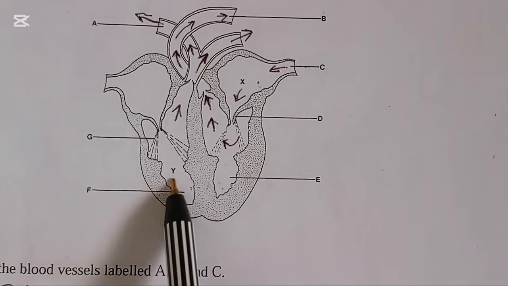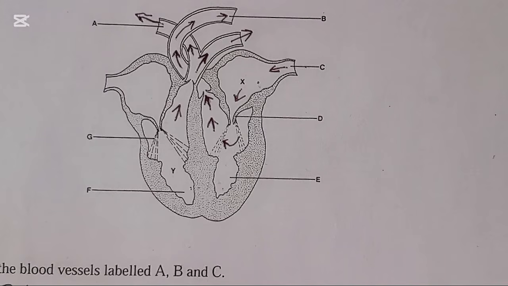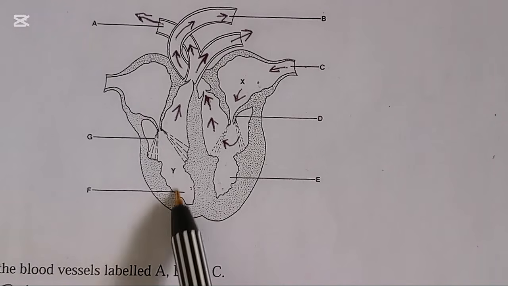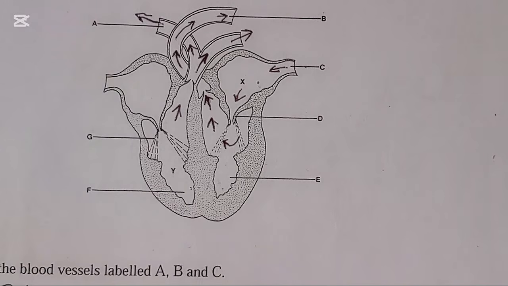The right ventricle contains deoxygenated blood, which has a high content of carbon dioxide and very little oxygen.